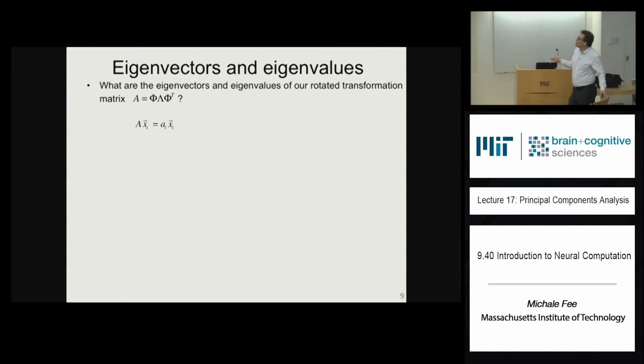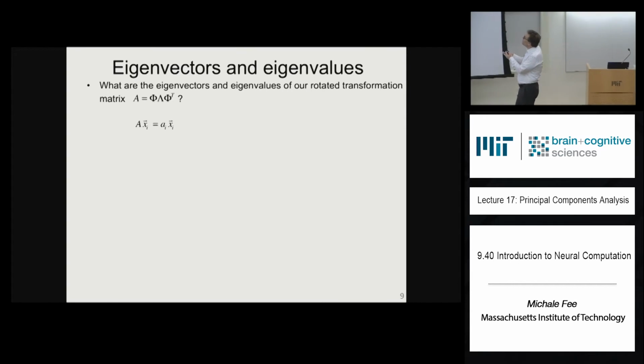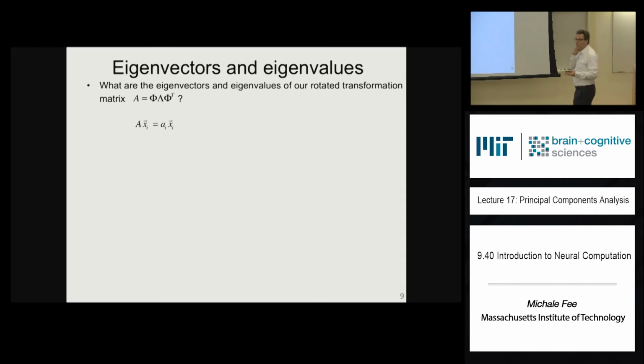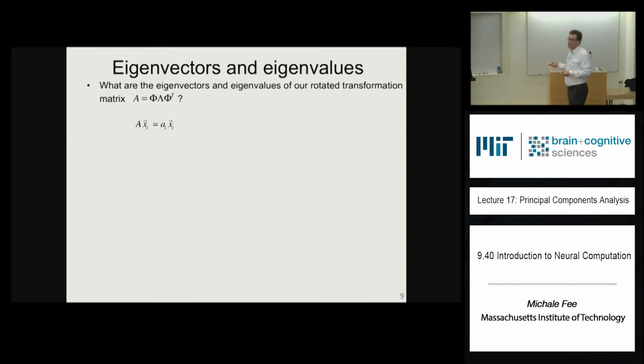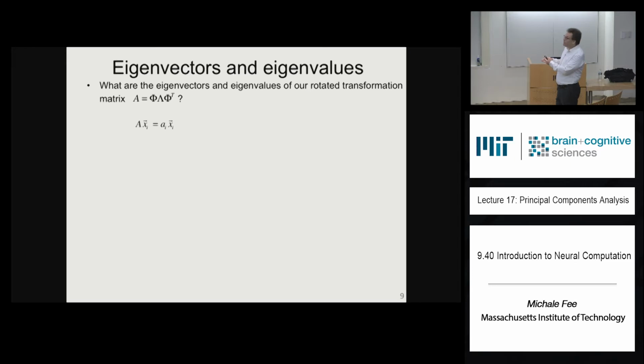So in general, let's calculate what the eigenvectors and eigenvalues are for a general rotated transformation matrix. Let's take this matrix A and multiply it by a vector x. We're going to ask what vectors x satisfy the property that when they're multiplied by A, they equal a constant times x.